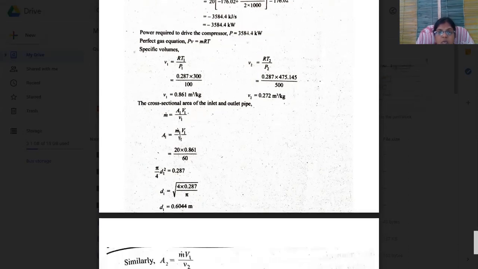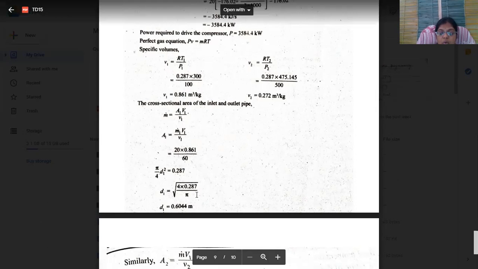So A1 is equal to m dot into specific volume V1 by velocity v1. What do you know, the area is nothing but pi by 4 d square, and with this value we get the value of D1.